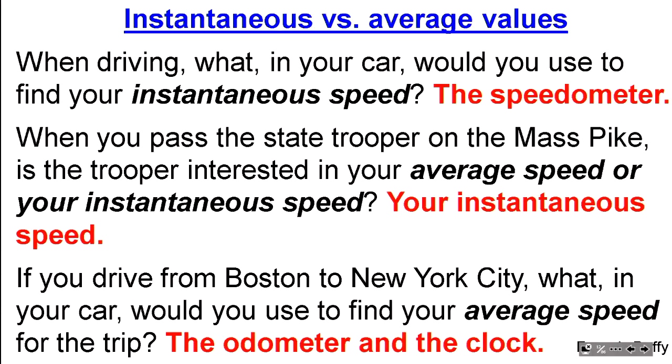But if you want to know your average speed, in that case, you got to use odometer to measure how many miles did you travel, and watch to measure total time, and that's it. And none of these devices provide any information about direction. For that, you would need a different device, a compass, for example.